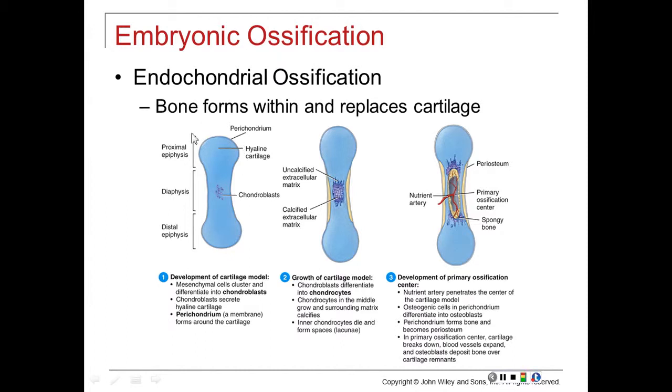You can see the diaphysis, the epiphyses. Well, there are some chondroblasts, which are special cartilage-producing cells. They start growing and differentiating. Those chondrocytes are going to begin to lay down calcified matrix.